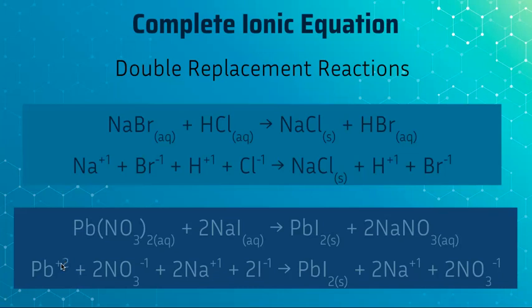Make sure you write all of these charges. I know it gets tedious. I know this is really long, but that's how it's done. Otherwise, it's just a regular sodium atom. It's not a sodium ion. There is a huge difference in the chemistry world. And again, here, this lead iodide is a solid, so it does not get broken apart. It did not change.